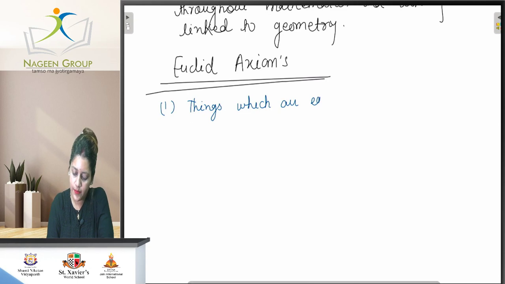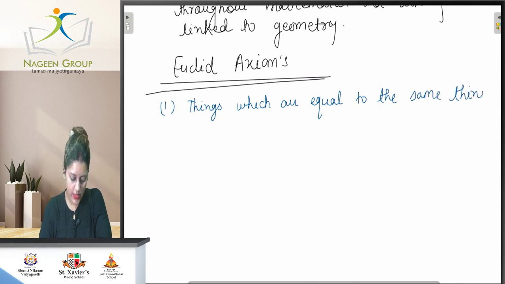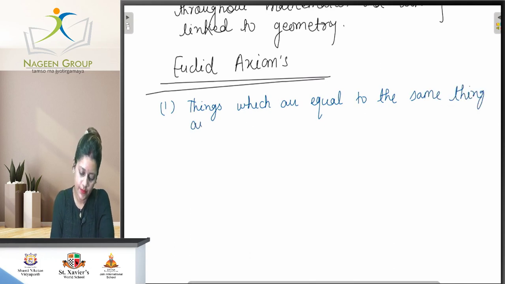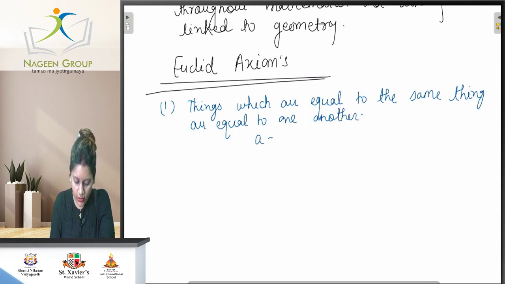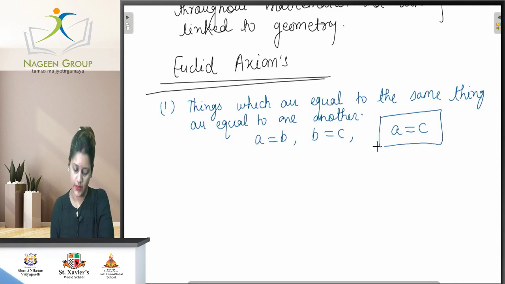If we write it, it is A equals B, B equals C, then A equals C. This is the first axiom.